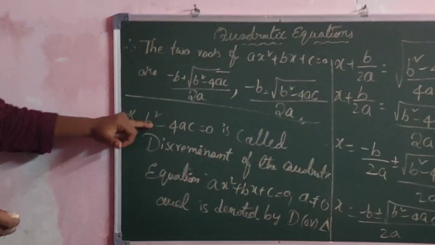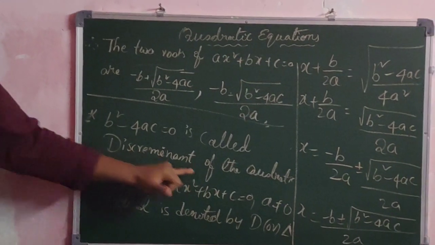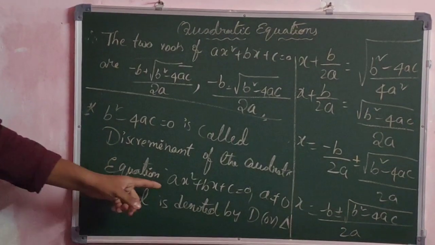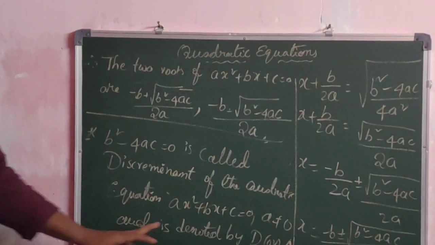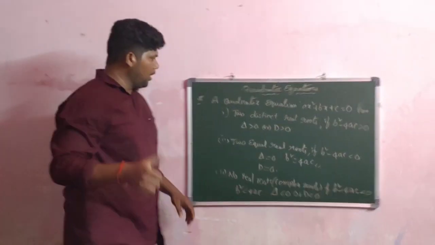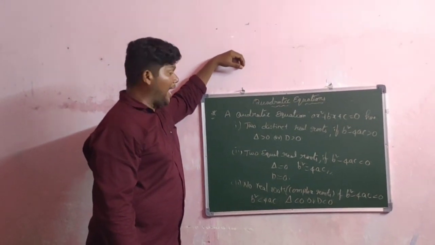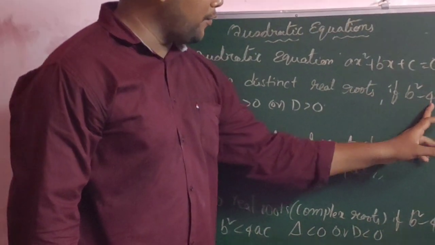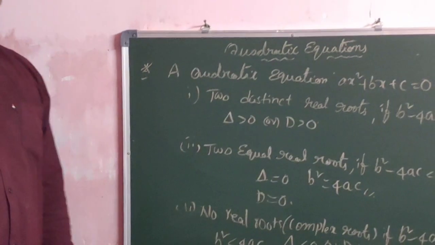So this b square minus 4ac is called the discriminant of the quadratic equation ax square plus bx plus c equal to 0, a not equal to 0, and it is denoted by delta or D. A quadratic equation ax square plus bx plus c equal to 0 has two distinct real roots if b square minus 4ac is greater than 0, that is delta greater than 0, or D greater than 0, where D is the discriminant, right?